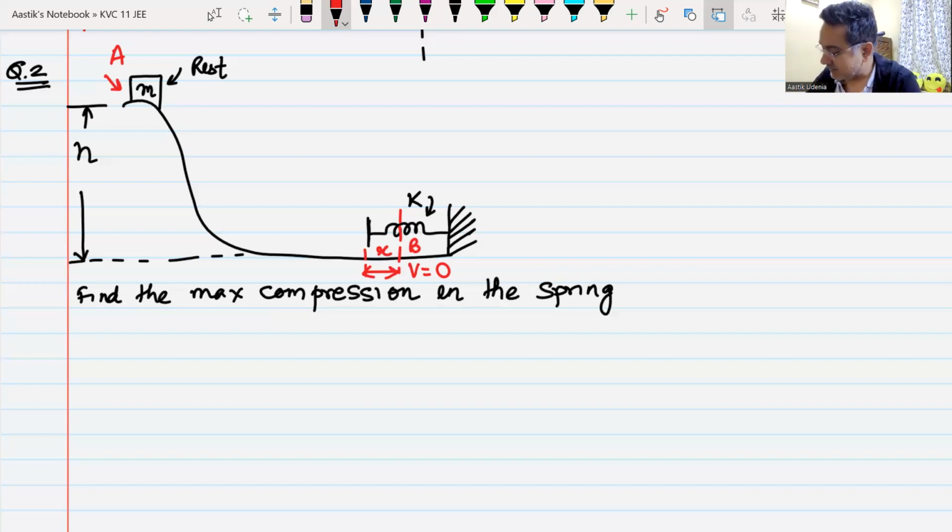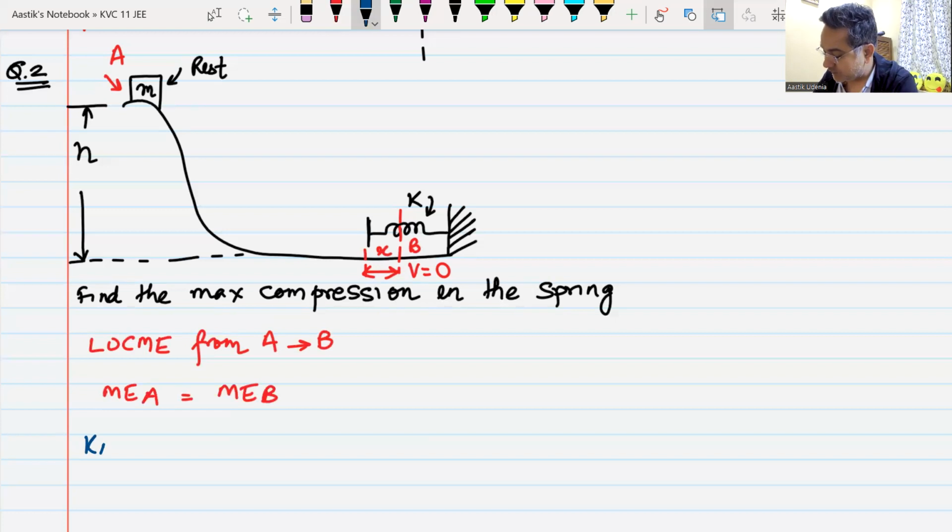So that gives me a license to apply the law of conservation of mechanical energy, and I'll apply it from point A, the highest point, to point B. Mechanical energy at point A is equal to mechanical energy at point B. At point A, we have kinetic energy plus potential energy.